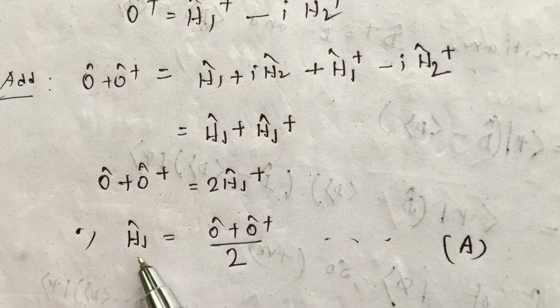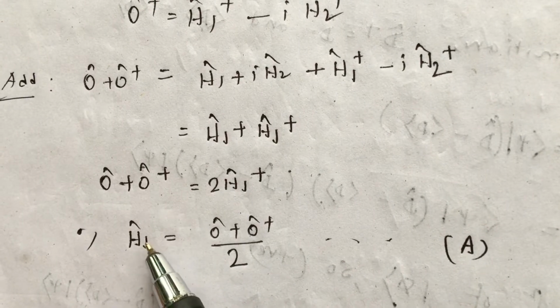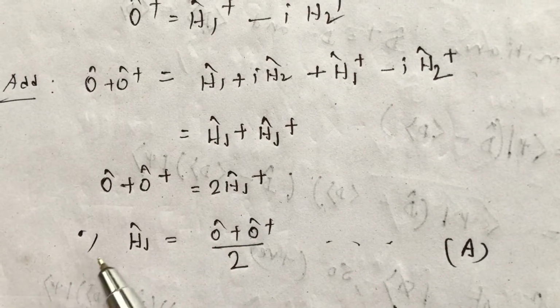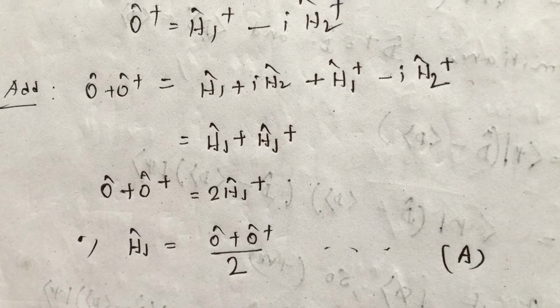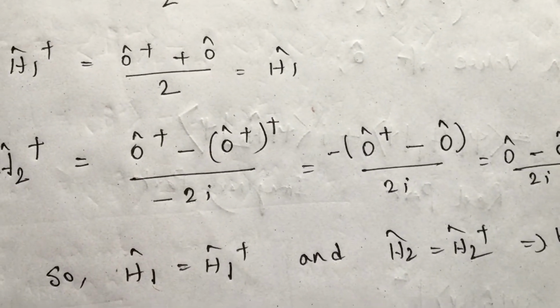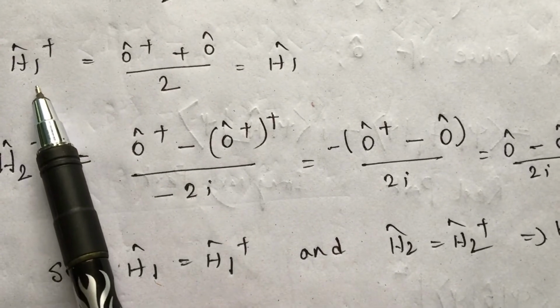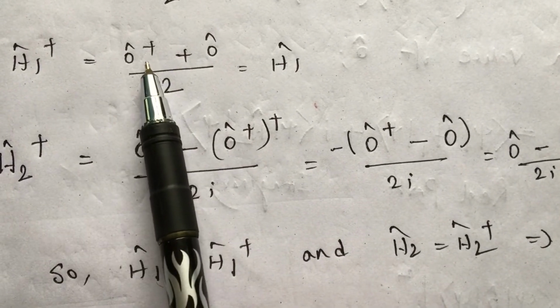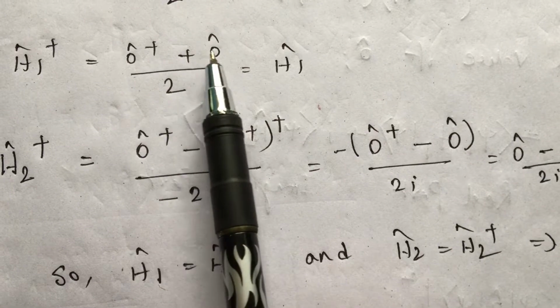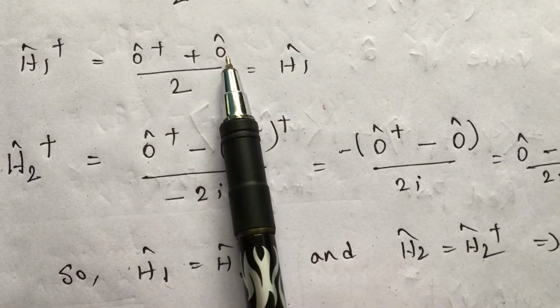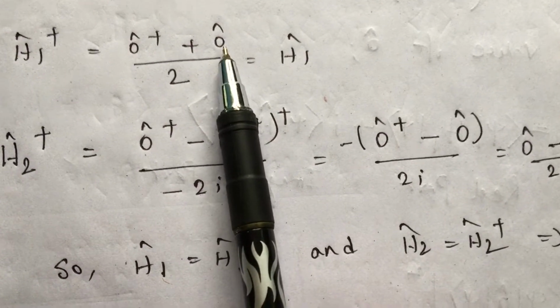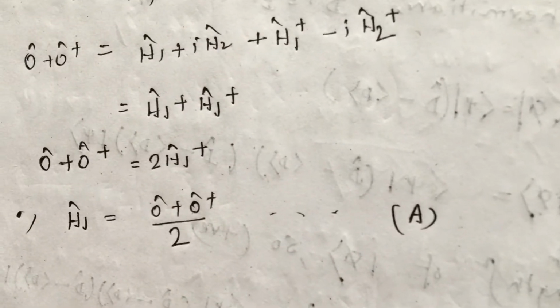Now let me check whether H1 is a Hermitian operator, which means I need to prove H1 dagger equal to H1, which I have already shown here. If I take H1 dagger, then the first O operator becomes O dagger, and the second one, which was already O dagger, becomes simply O, because my equation A is like this.